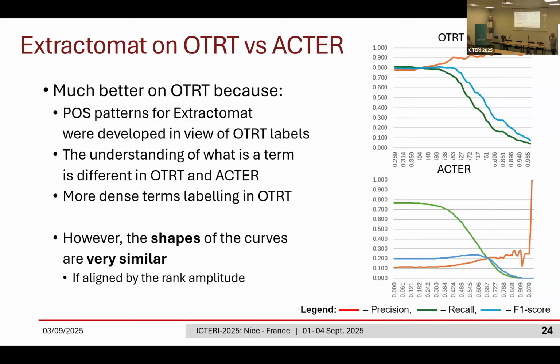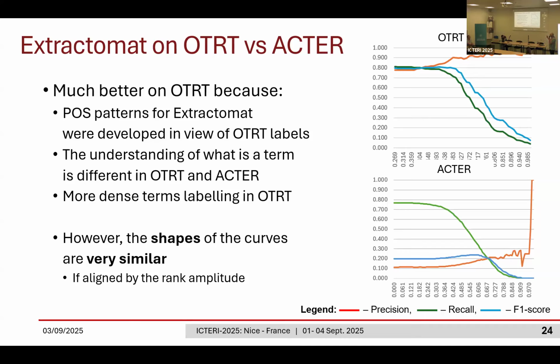And this is why. It is much better on OT-RT because firstly, the POS patterns were developed in view of this OT-RT dataset, as a dataset we used to check if it works correctly. And we tried to build the patterns through regular expressions for parts of speech which could be recognized as terms in a way to somehow mimic the markup of the experts in OT-RT.